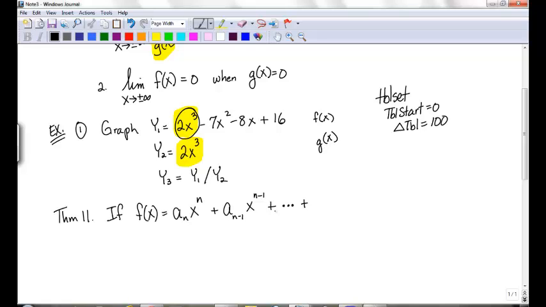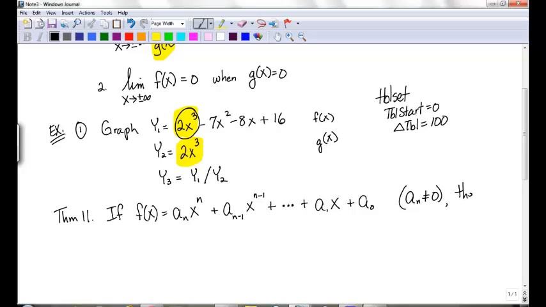And then you need a plus sign on both ends of that when you leave something out. And then a sub 1 x, and then plus a sub 0. And in this a sub n cannot equal 0.